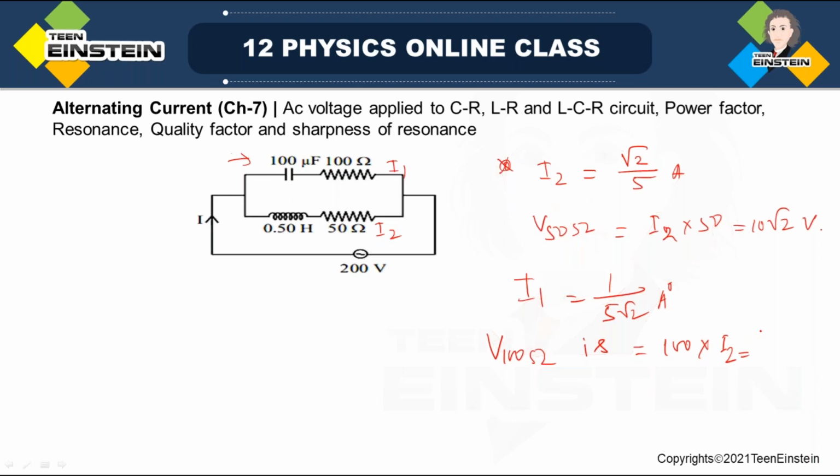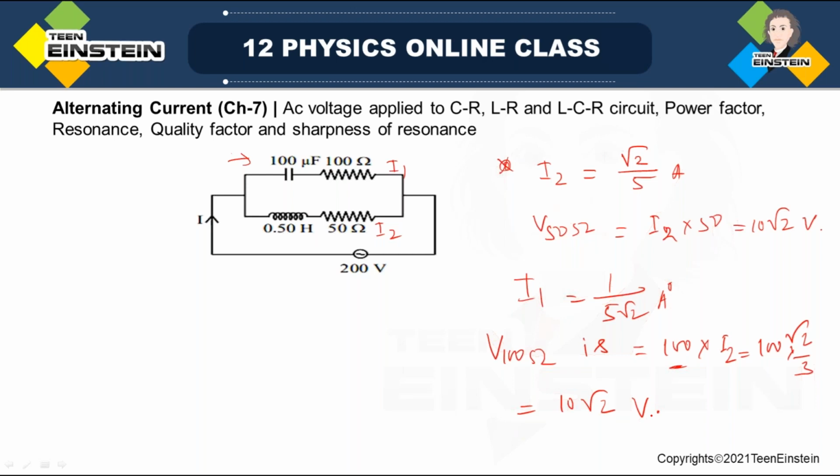So what is that I2? I2 was root 2 by 5. So finally, this also will be 10 root 2 volt.